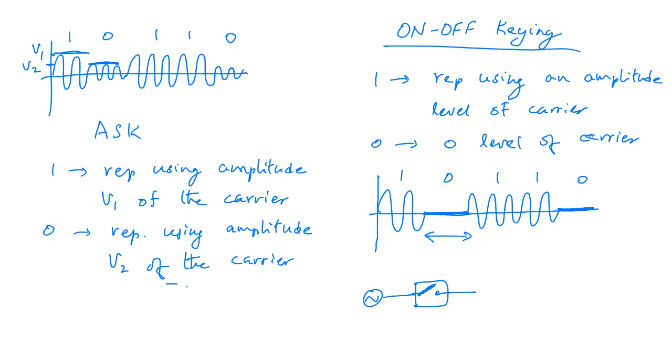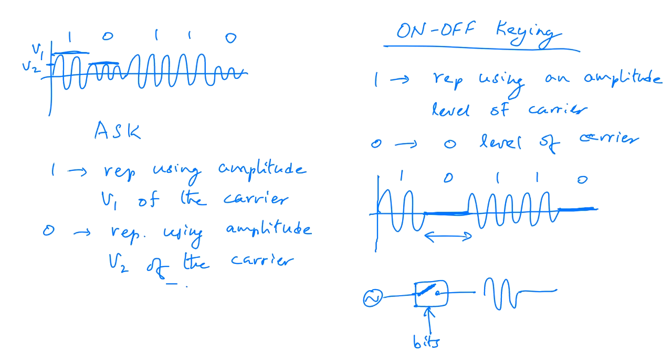If it's closed, the signal will go out. If it's open, nothing will go out on the other side. And the switch will be controlled by the information bits. So if the information bit is a 1, the switch will close and the carrier will come out. If the information bit is a 0, the switch will open, that means nothing will come out.